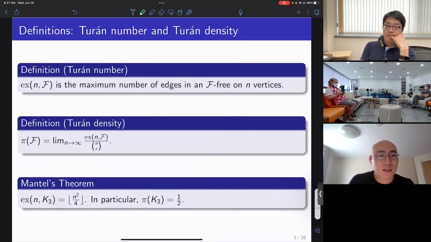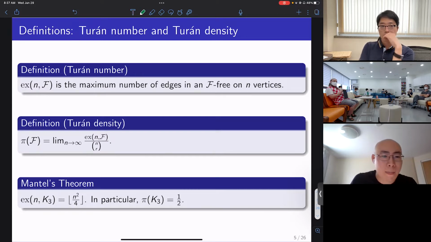So this function denotes the maximum number of edges you can have. So it's a function in n. Sometimes we only care about the asymptotic behavior of this function. So we normalize this ex function and take a limit.